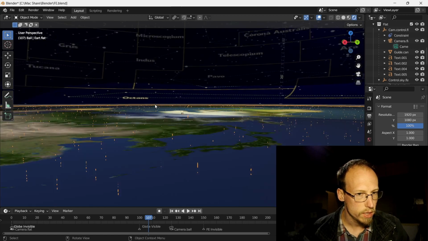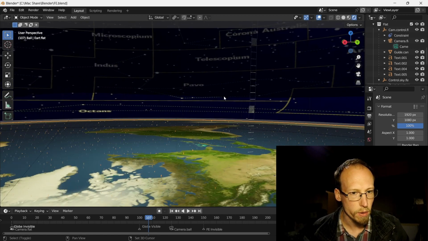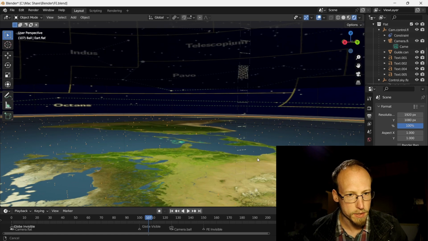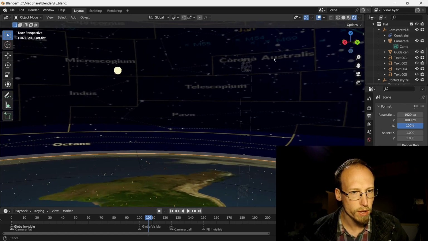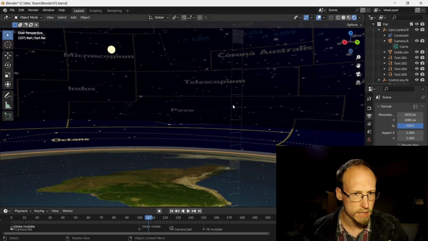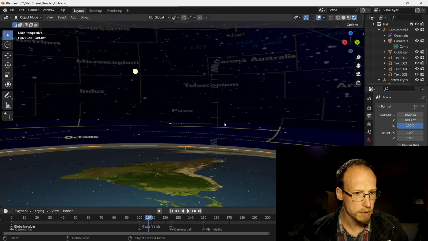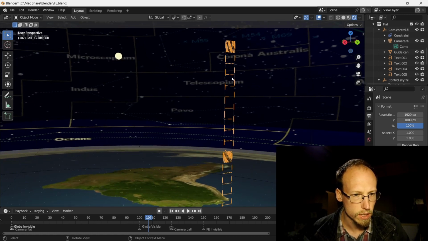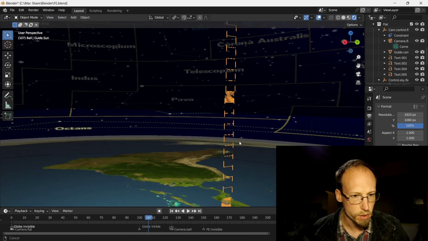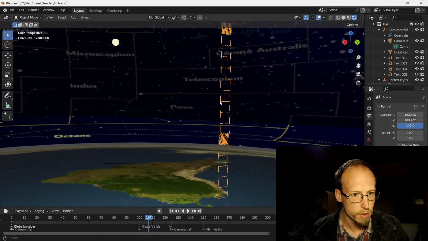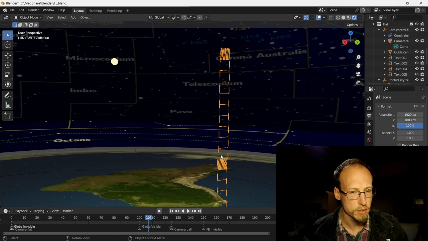So these big ones here. Now, for the sun, I stacked up three of these. So in the flat Earth model, it is said that the sun is approximately 3,000 miles above the Earth. So there's three of them that are kind of joined here, but each one of these is 1,000.